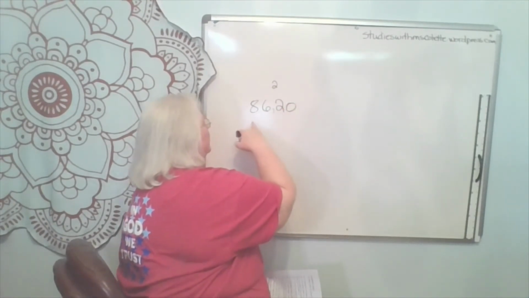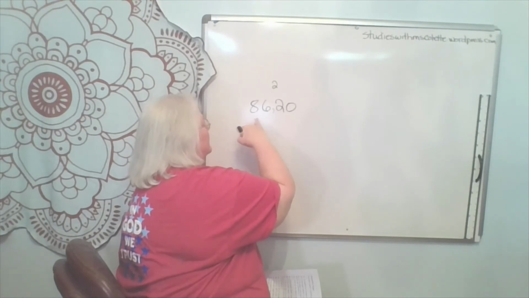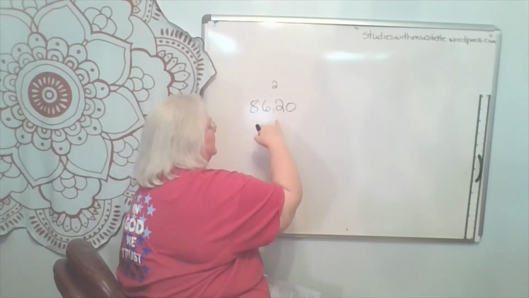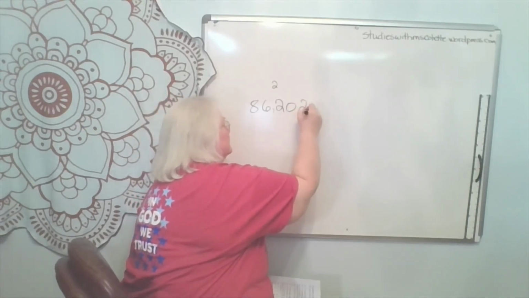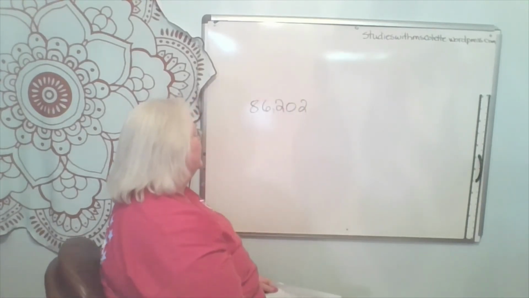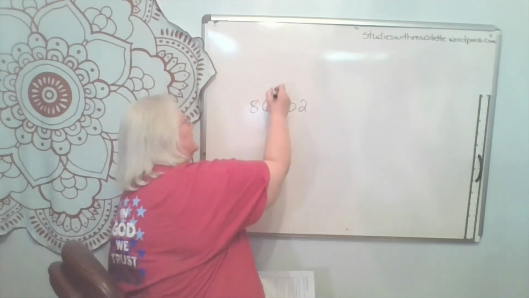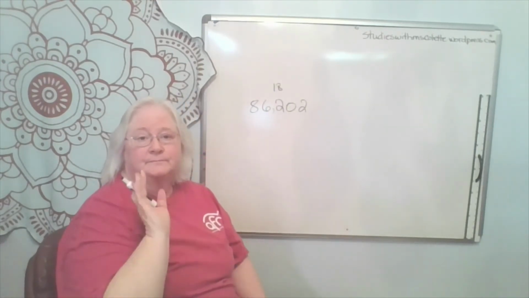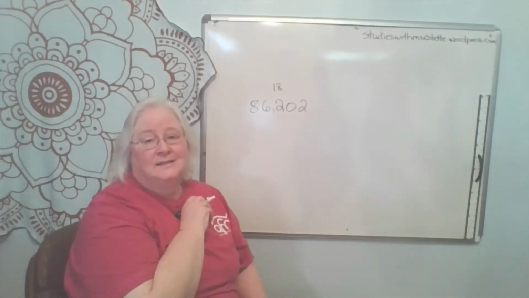Okay, so we got 12, 14, 15, 16, okay, when we add those together, we get 18. Okay, that should be a little better, shouldn't it? Because 9 will go into 18.